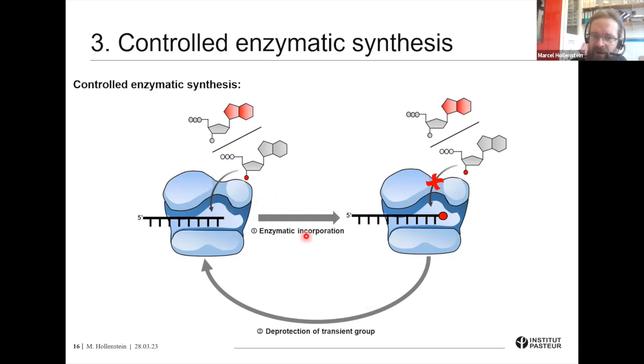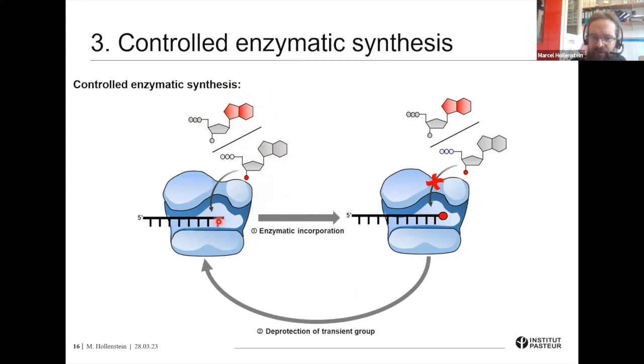The idea is not novel and is shown here on this cartoon. So the idea is to use either template independent or template dependent DNA polymerases combined with temporarily blocked nucleotides, either at the level of the nucleobase or the sugar moiety.